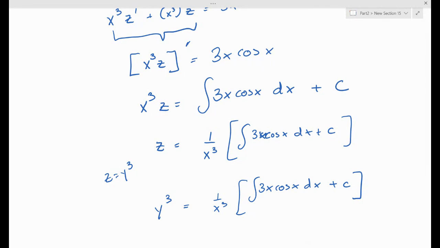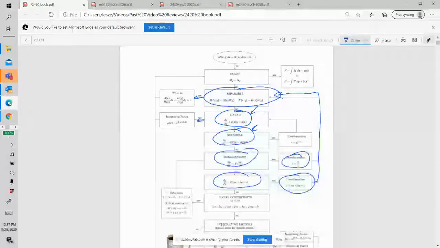Oh, okay. I wasn't able to control my mouse because I had the stylus near the screen as well. Okay. So I'm referring to this flow chart.